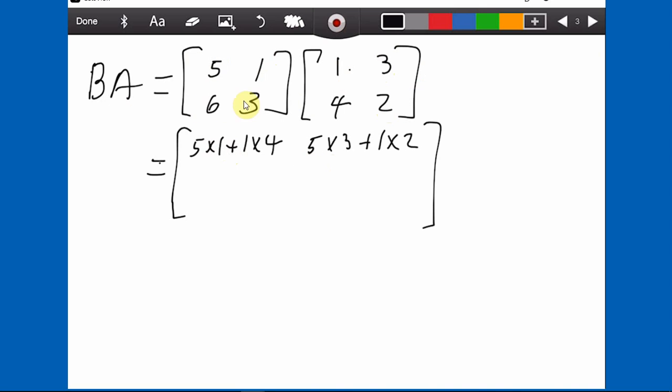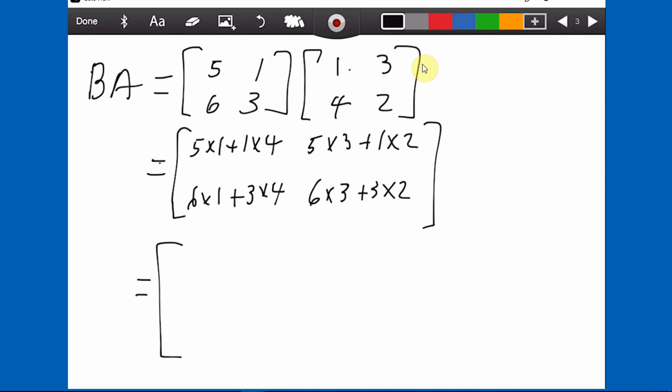Then we move to the second row. 6 times 1 plus 3 times 4. Second row, second column, 6 times 3 plus 3 times 2. Alright, so let's do those multiplications. First one, 5 times 1 is 5 plus 4.